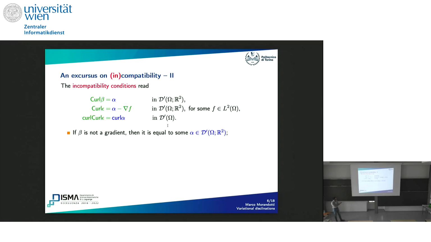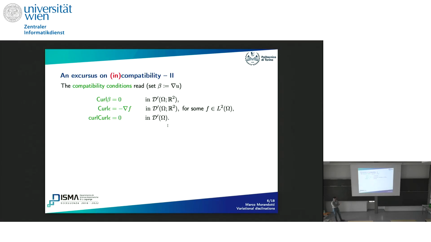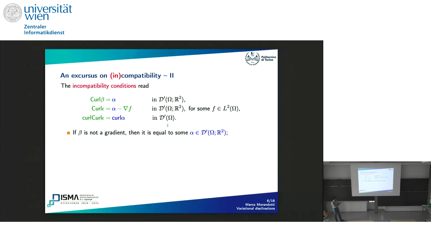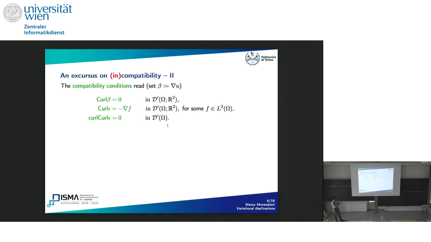And so what you can propagate down here starts failing a little bit, because you need to account for this alpha thing, because the symmetric gradient epsilon would be, what would it be? It would be the symmetric part of beta plus the skew part of beta. And then if you take its curl, the curl of beta will go to 0, and then the skew symmetric part can be written as the negative gradient of a function f, actually, right? And then if you take the curl another time, then you get the curl of the gradient, which is equal to 0, so this last equality is all right.